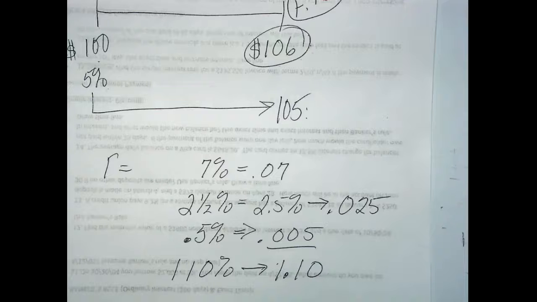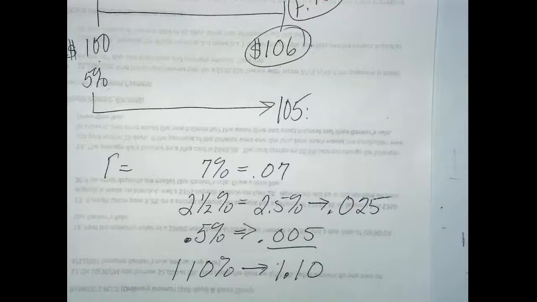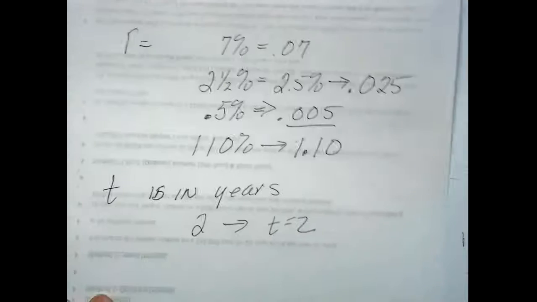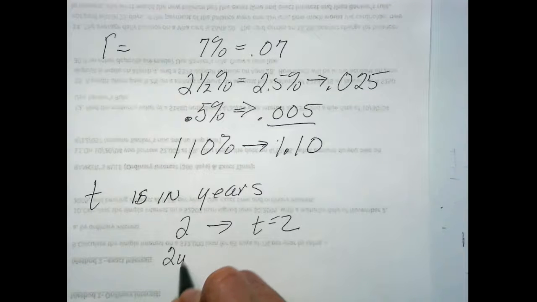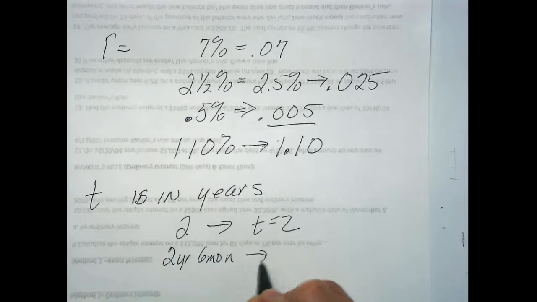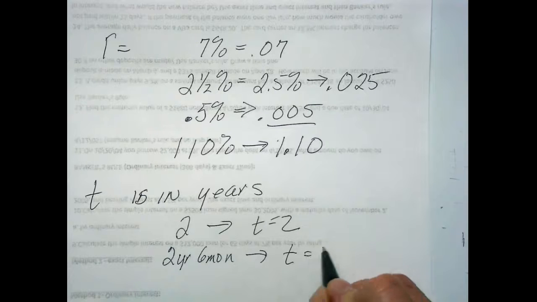Time is in years. So, if I had 2 years, T equals 2. If I had 2 years, 6 months, T would be 2.5.